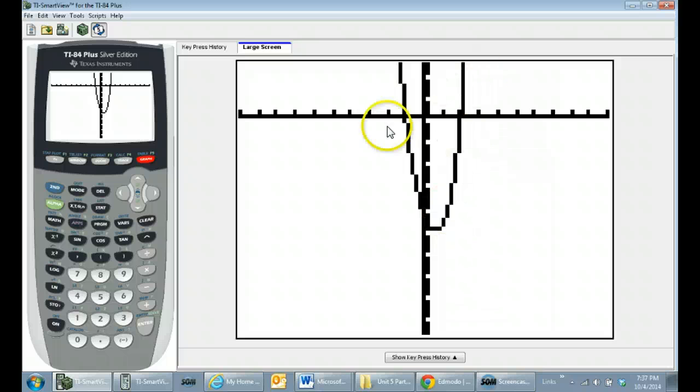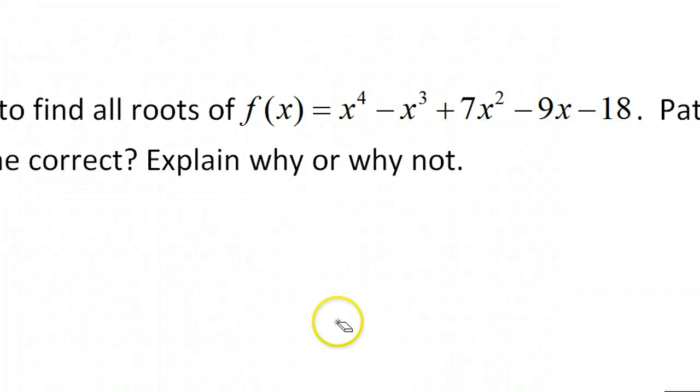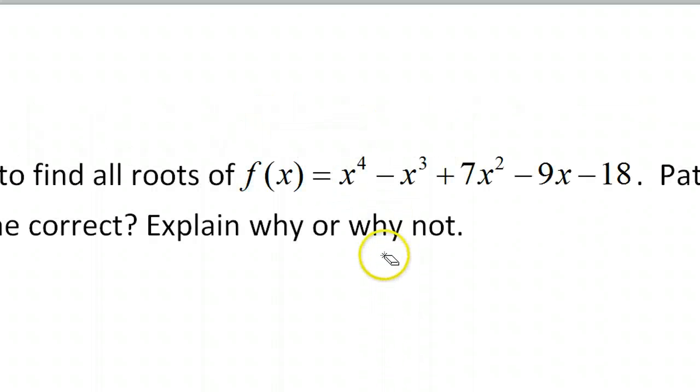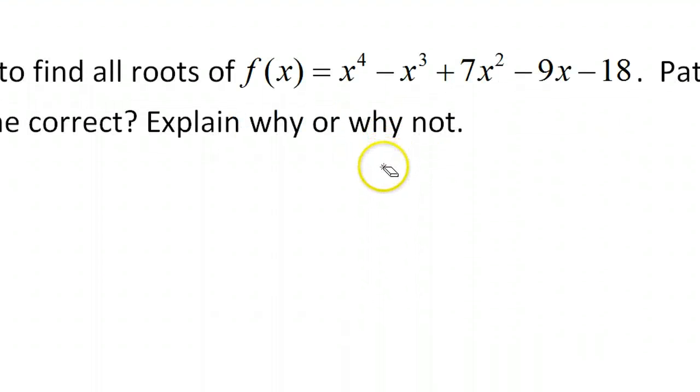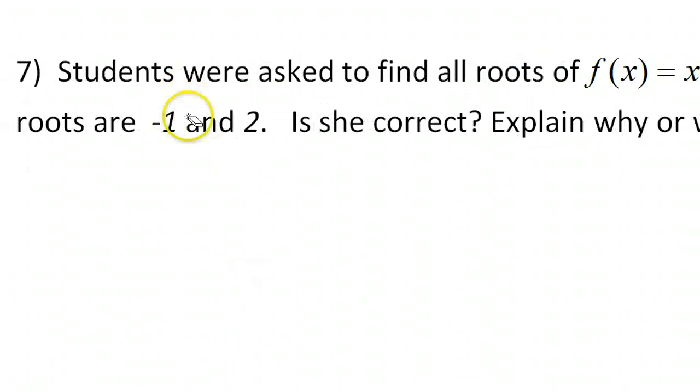It just goes down and up and just straight through. So there's no bouncing or inflections or anything like that. So that means there must be 2 additional zeros, which are just imaginary. So is she correct? No.